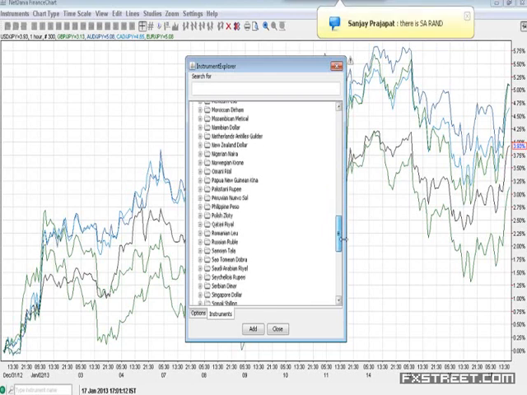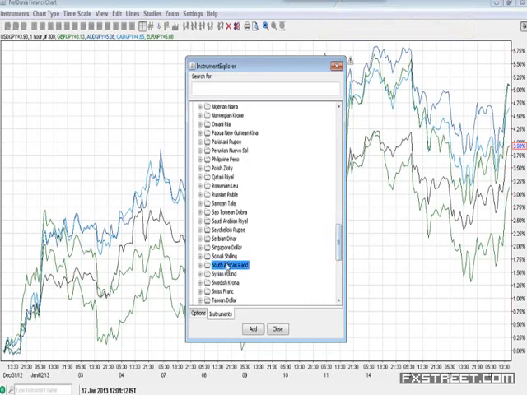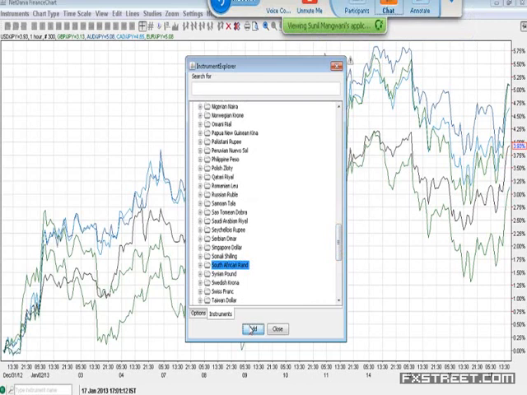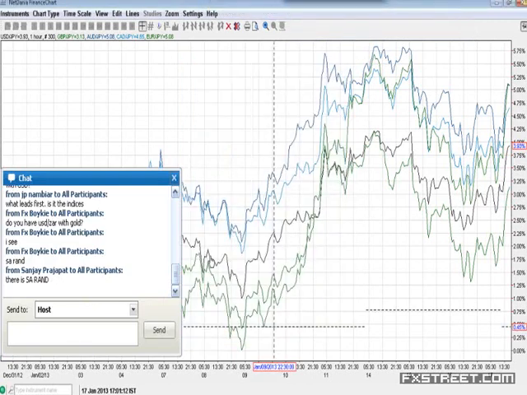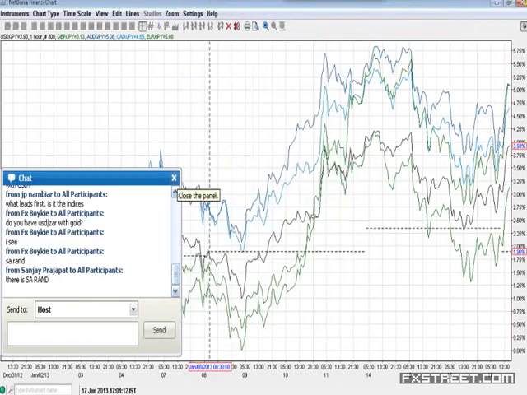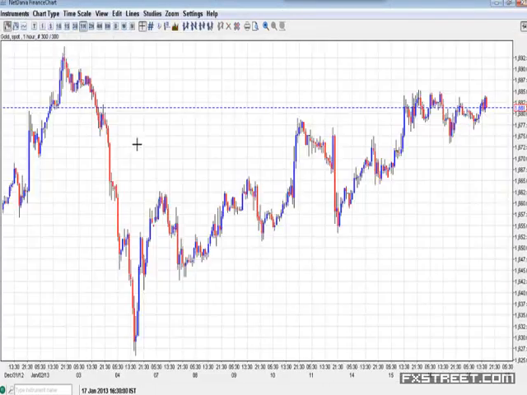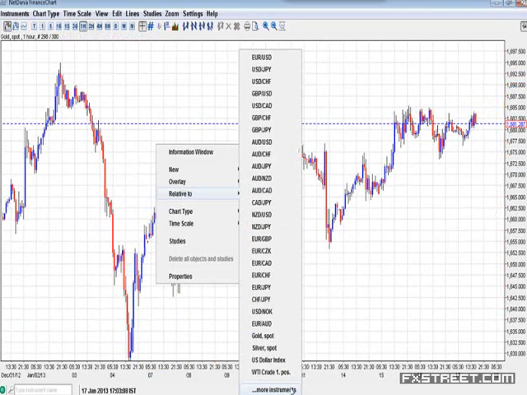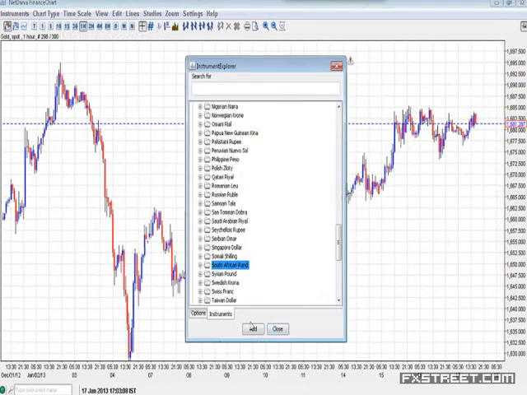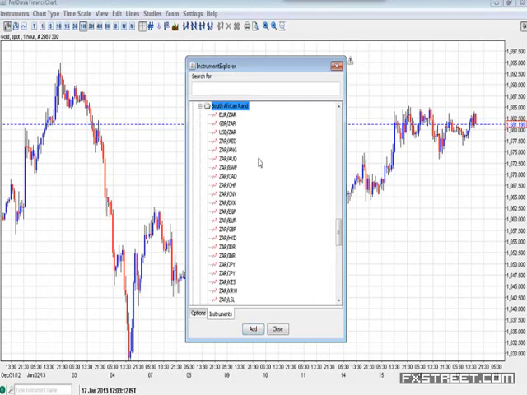Let's have a look. You want South African rand with gold? There you go. Let's take gold as an instrument and do a correlation with the South African rand. Oh, you have the ZAR over here.